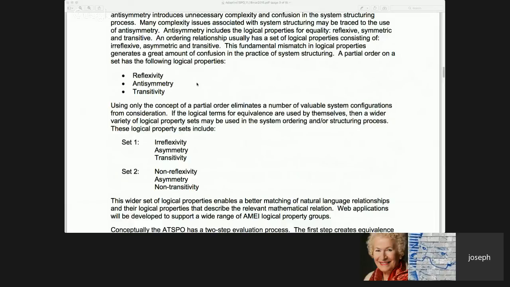So in the partial order itself, for the ordering component, it restricts reflexivity to reflexive and asymmetric. But what I'm trying to point out here is it could easily be irreflexive and asymmetric or non-reflexive asymmetric, because reflexivity doesn't really matter to the system structure. And transitivity really doesn't matter to the system structure either.